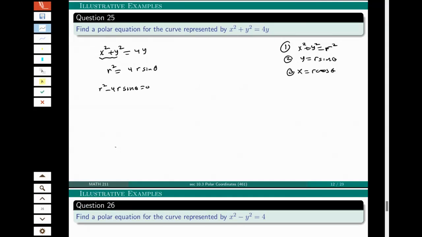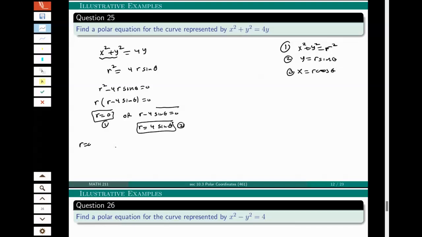is equal to 0. We take r as a common factor, so we'll get r times r minus 4 sine theta. This means either r is equal to 0 or r minus 4 sine theta is equal to 0, which means r is equal to 4 sine theta. So I have two equations, equation 1 and equation number 2.